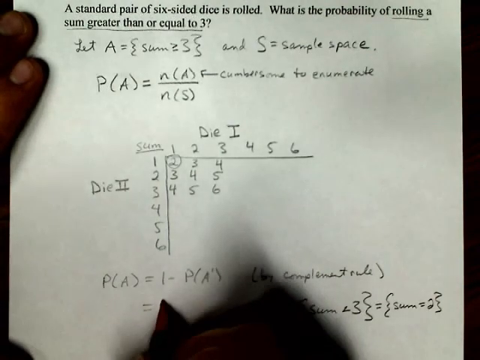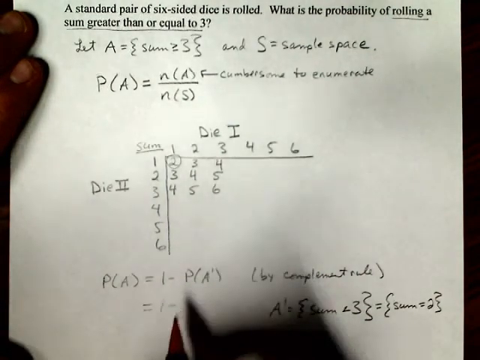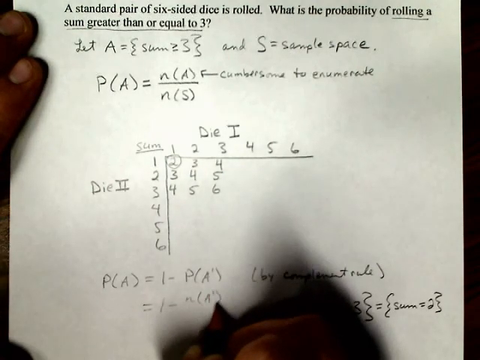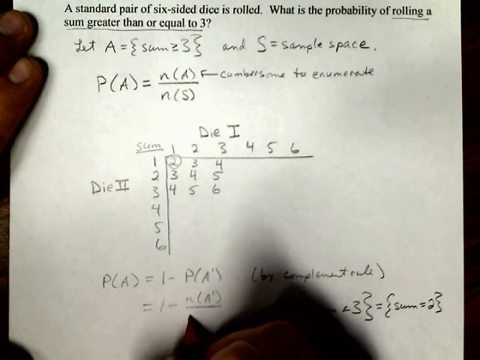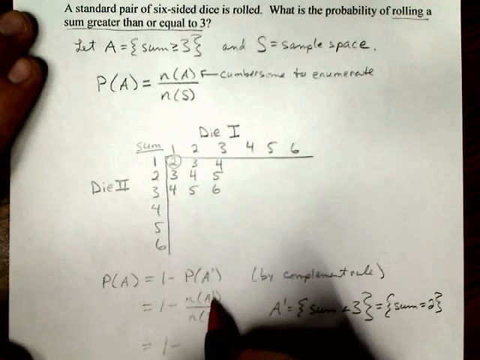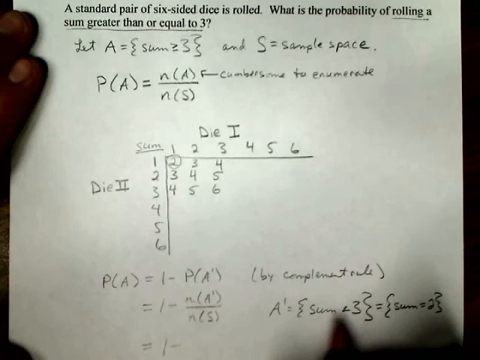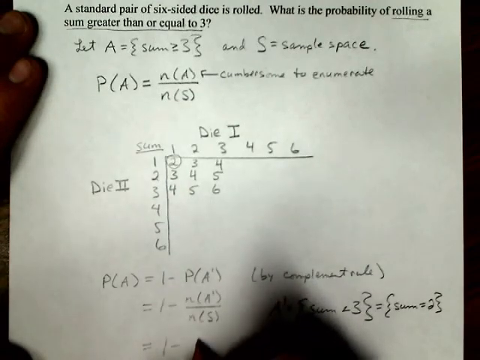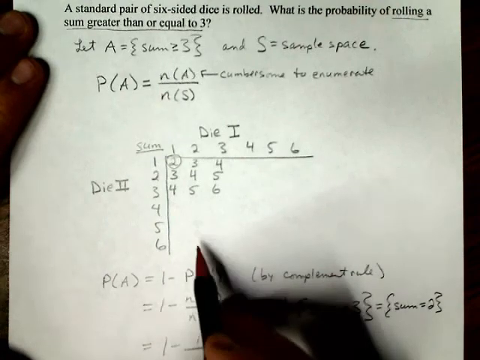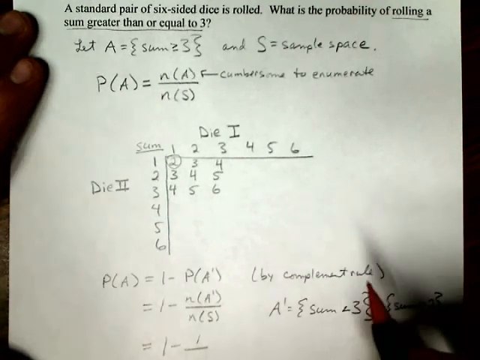So when I come back to computing the probability of a complement, that's the number of outcomes in this event, A complement, divided by the number of outcomes in the sample space. A complement, I've got it right here, the number of outcomes in that, well, there's 1. The number of outcomes in the sample space, well, if we were to fill in this table, you would see there's 36.